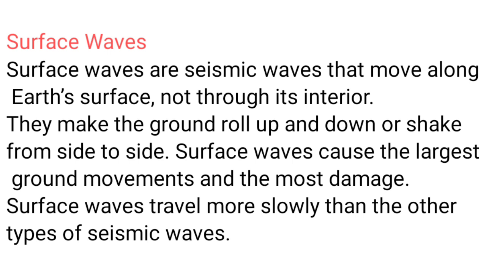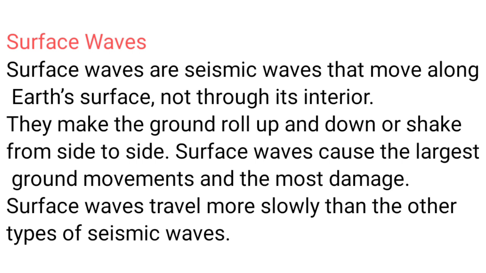The next one is the surface wave, which creates the largest ground movement and is the most destructive one, but it is found only on the earth's surface, and not in the interior of the earth.